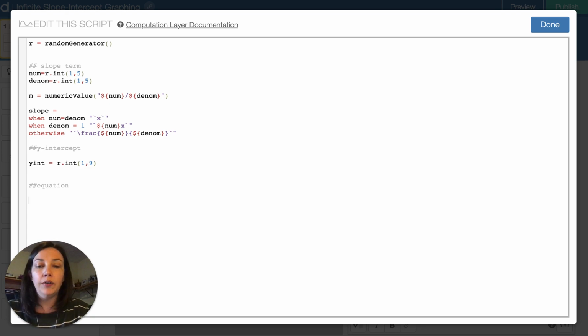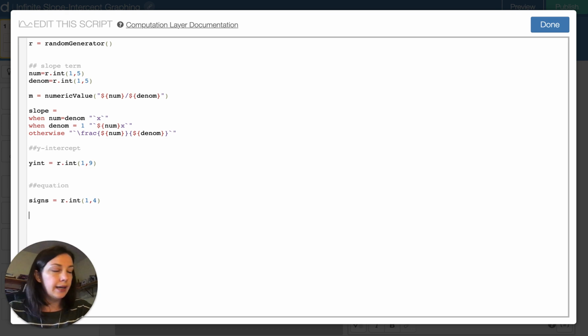I'm going to call this variable signs, and it's going to be a random integer from 1 to 4. We could make notes on what each number represents, but I'll figure that out. I don't really need to make separate notes for that.